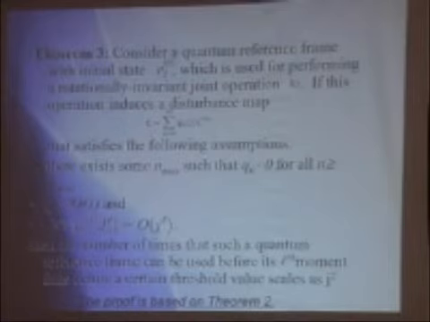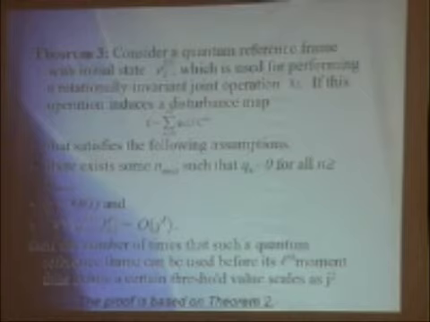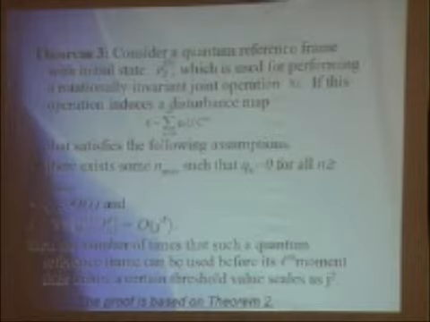For those who know quantum mechanics, the spin j has angular momentum in the n-hat direction, with discrete values from minus j to j.